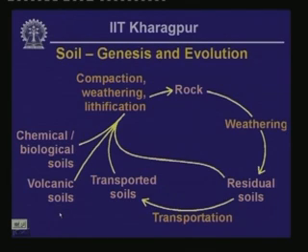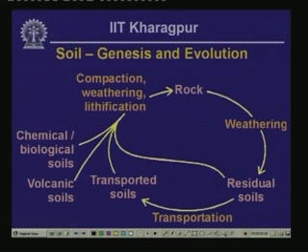Okay. Now soil genesis, how soil actually forms out of rock or chemical or biological processes or volcanism, is indicated on this slide here. As I mentioned, from weathering of rock, a class of soil develops which is called residual soil, from in situ weathering, weathering without any transportation.